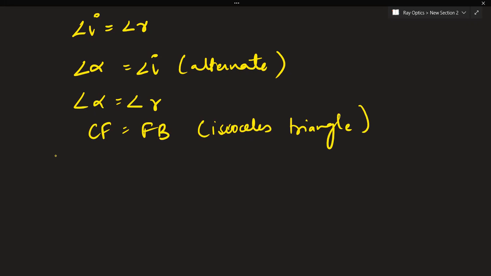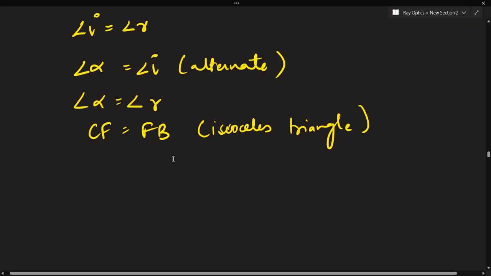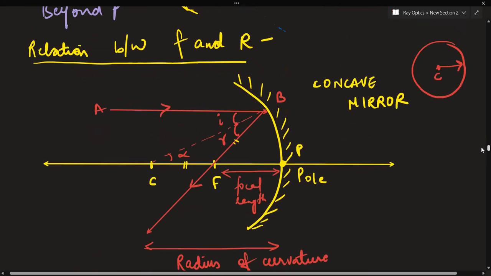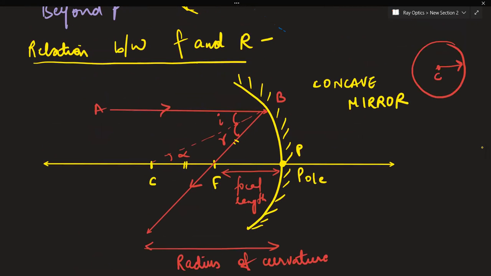Now what will happen? See, whenever you have a mirror of small aperture, at this point FB and this point FP, both these are actually equal, because the aperture of the mirror is not so huge. This is done for the drawing, for the understanding part. This FB and this FP are almost equal in nature. Approximation you can take.